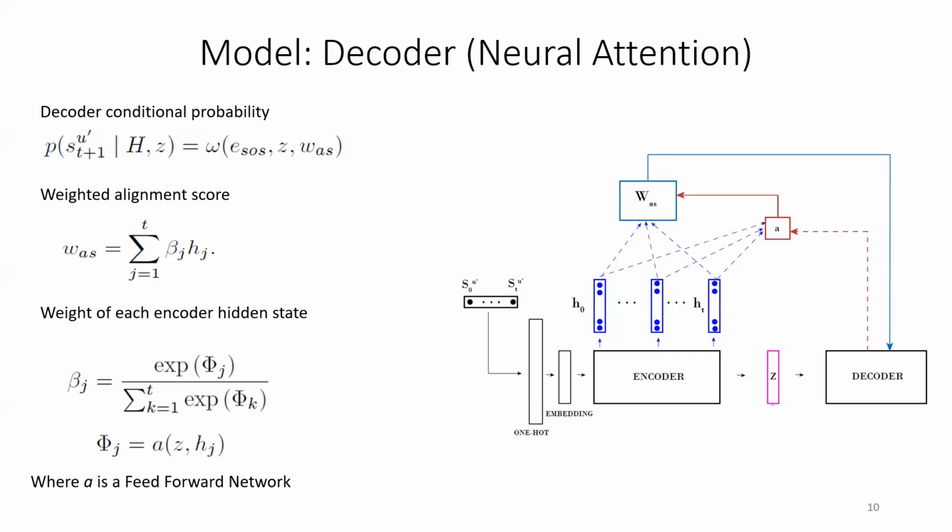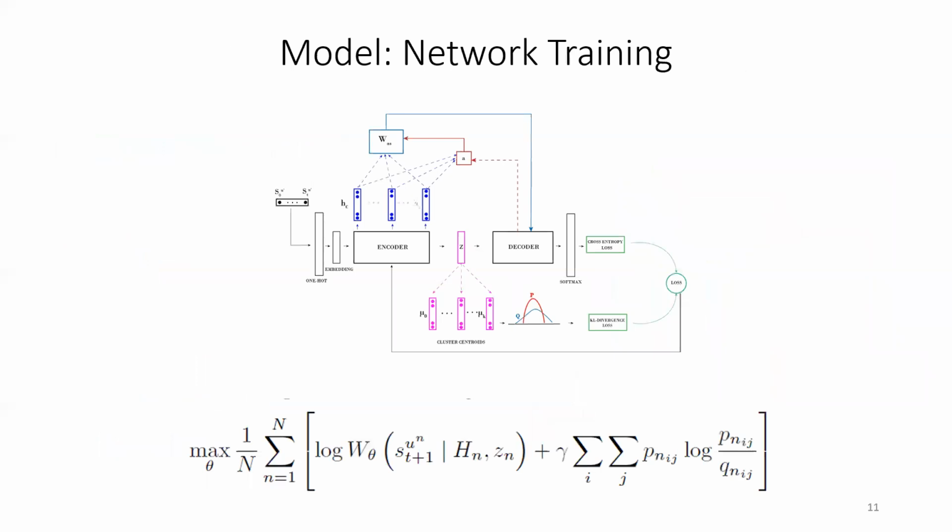The decoder then takes as input the weighted alignment score and the final hidden representation of the encoder, and then predicts the next item. As we mentioned earlier, the entire model is trained using a multitask training approach that minimizes a weighted linear combination of the cross entropy loss from the decoder prediction and the cluster assignment loss.